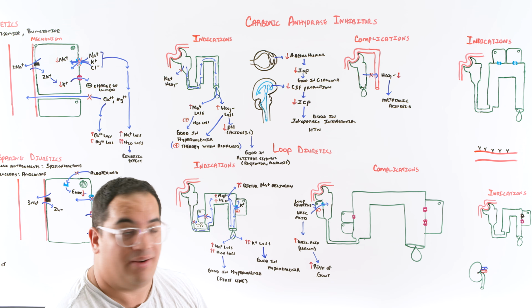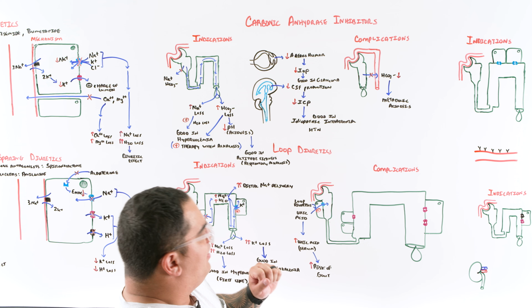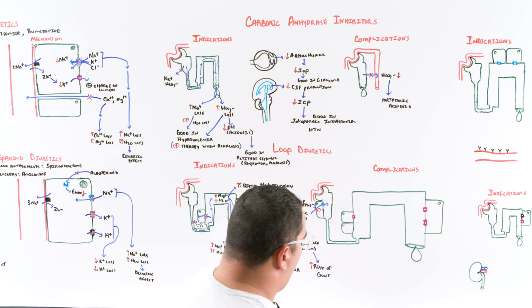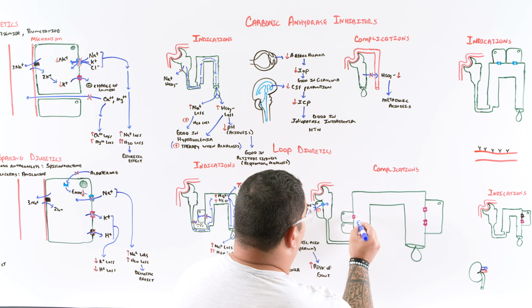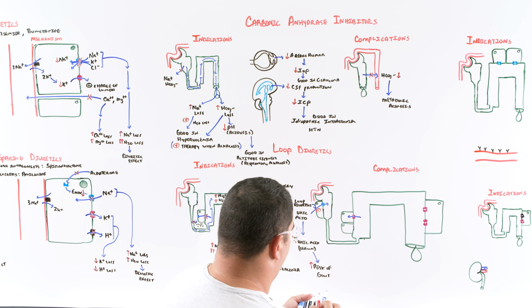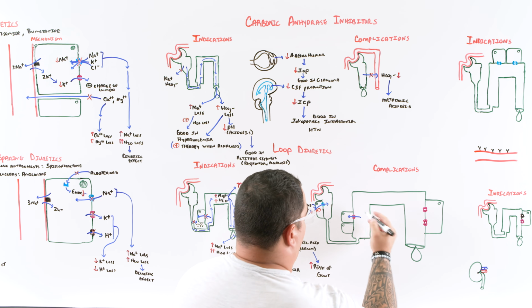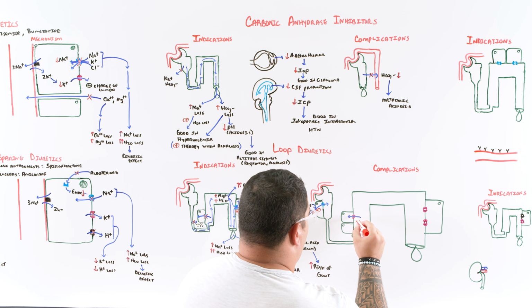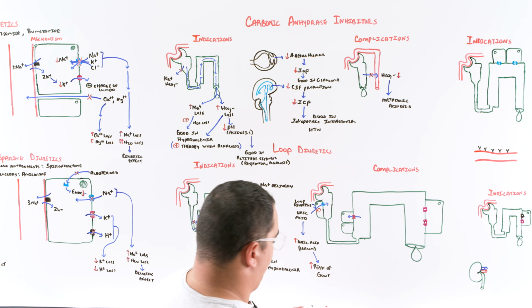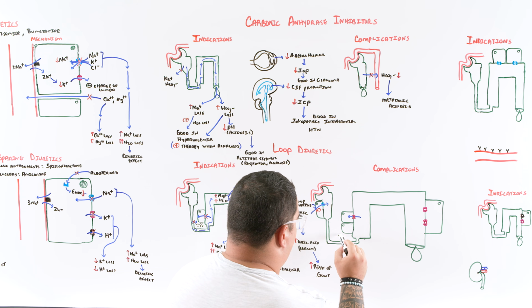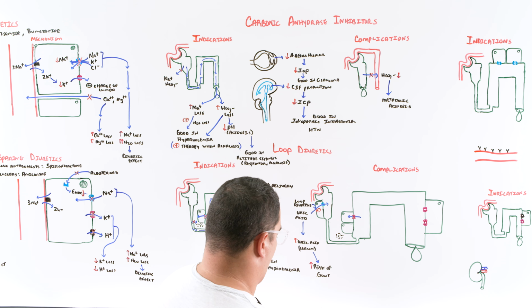of a gout event. The other thing here is that you're blocking sodium chloride and potassium reabsorption here, right? So you're blocking sodium reabsorption, which means you're going to have less of this sodium pumped out here.